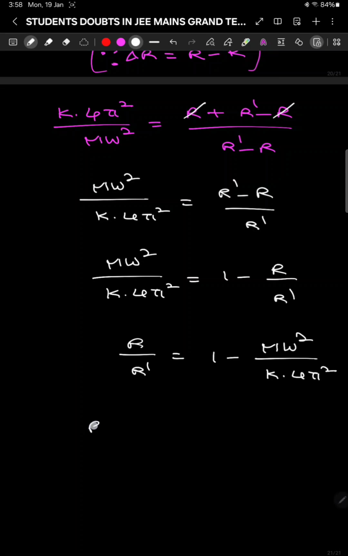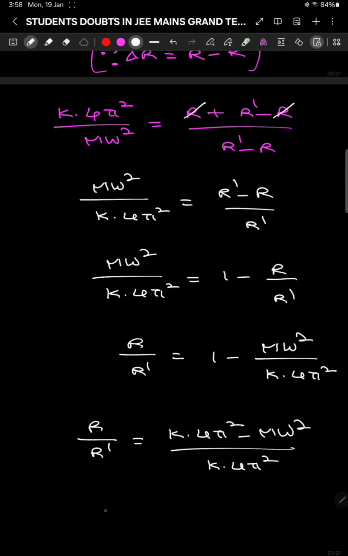So finally r by r dash equals k into 4 pi square minus m omega square by k 4 pi square. So finally I want r dash. So r dash becomes k into 4 pi square r by k 4 pi square minus m omega square. This is our answer. Thank you.